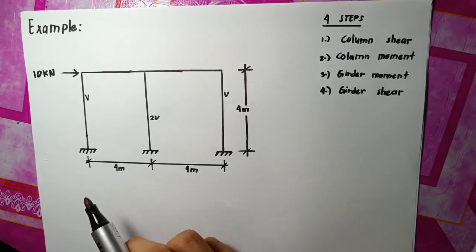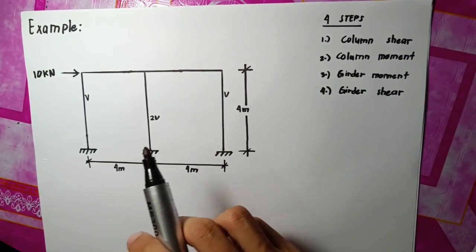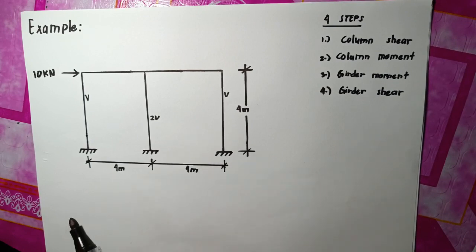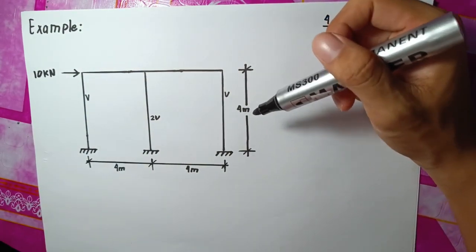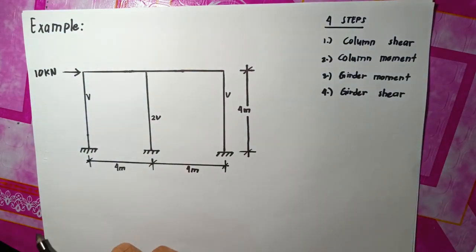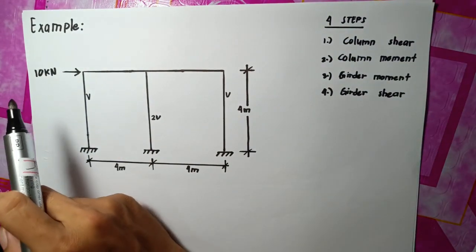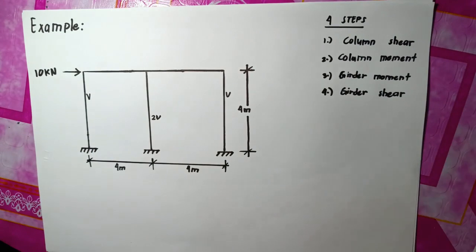So here, the one-story building has a width of 4 meters, and the height is 4 meters. And the horizontal shear is 10 kN, kilonewton.